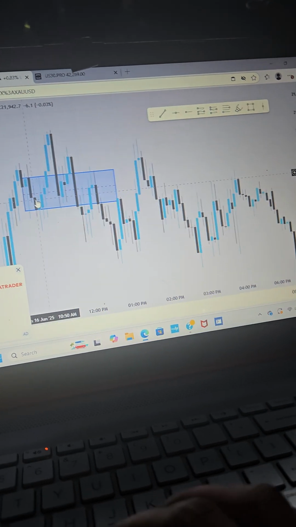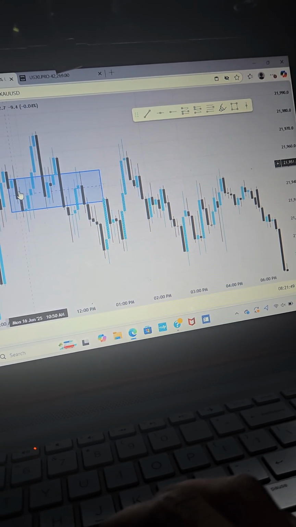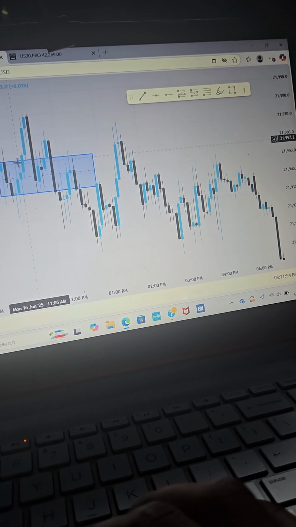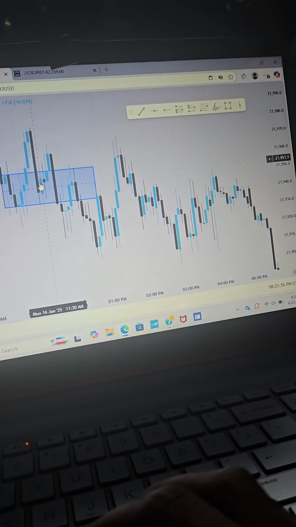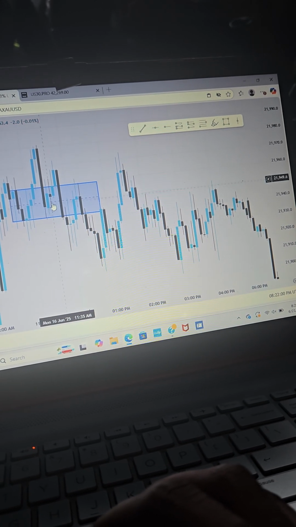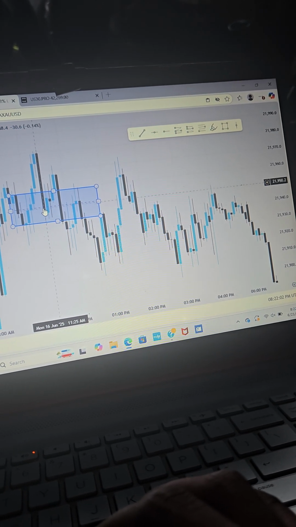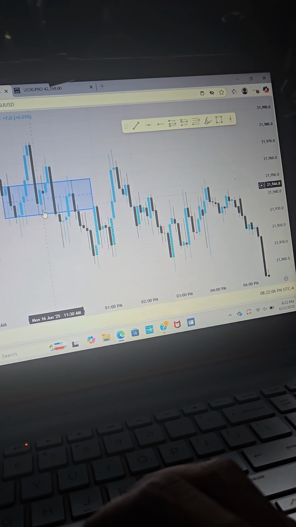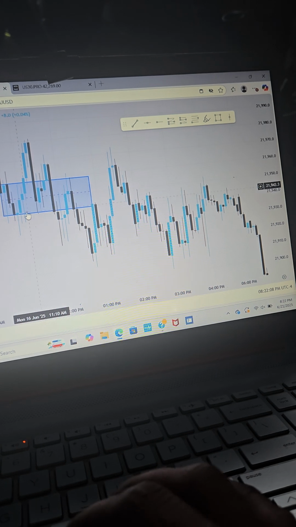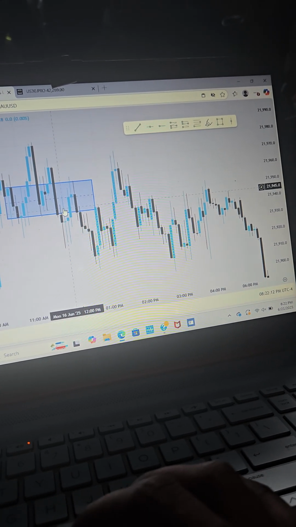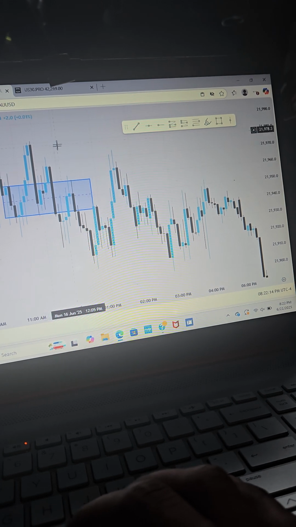The reason why it is a failed bullish order block is because, see the open, price came in and it closed below there. It closed below the order block there, and then finally it closed below the rejection block there. See, if it was a working one, price would have been rejecting it, right?